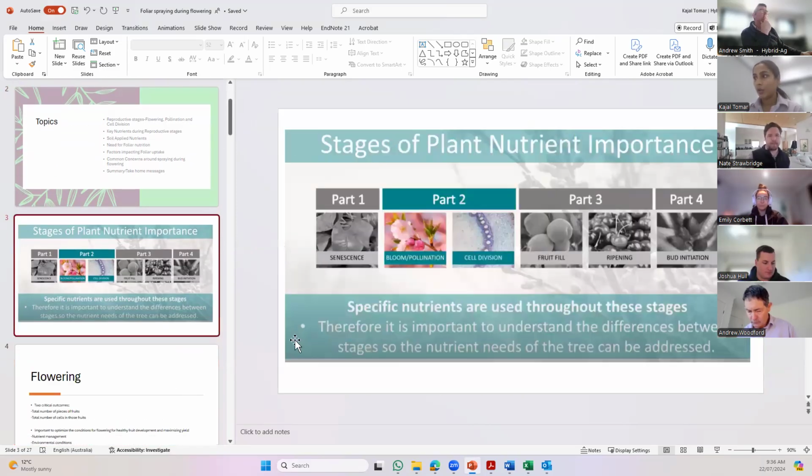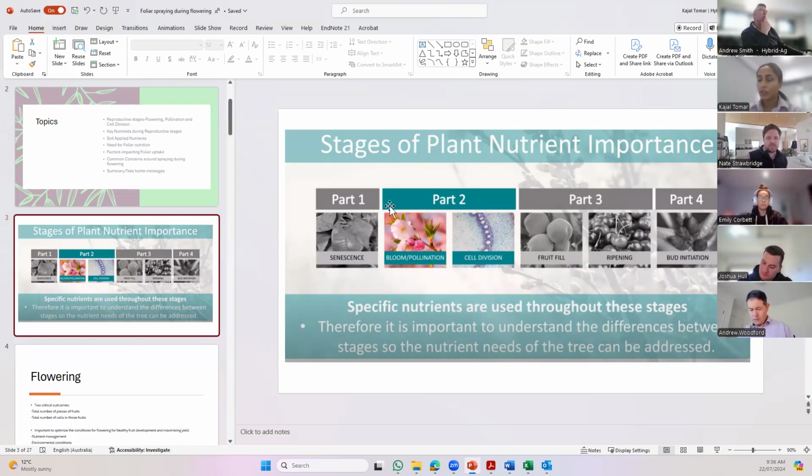Obviously some of us would have been familiar with the slide from the YouTube video that Smithy and Joe put together, so I've just taken a bit of information from that. These are the stages of plant nutrition that are important in the physiological stages. We are aware of all of these, but we're going to mainly focus on the bloom, pollination, and cell division stages.